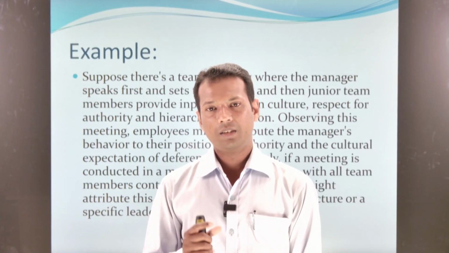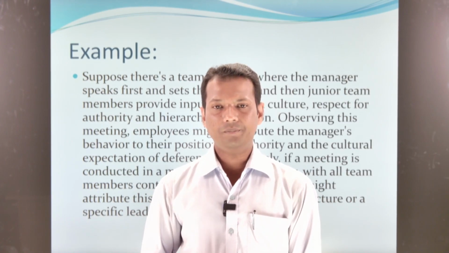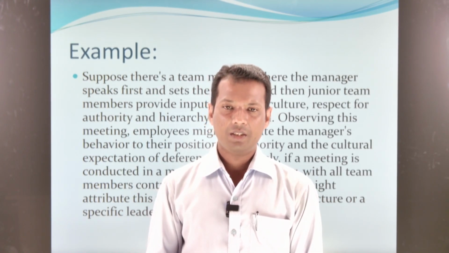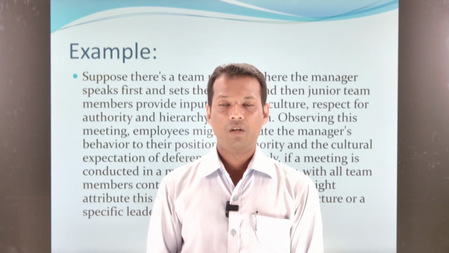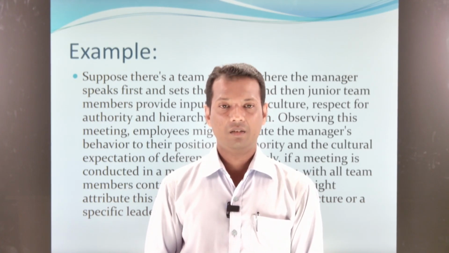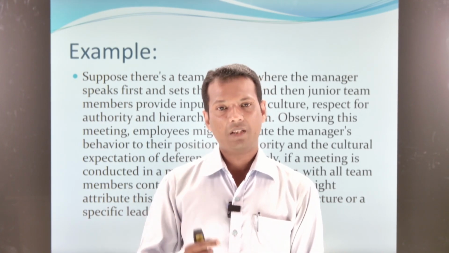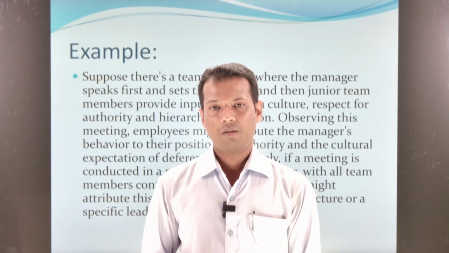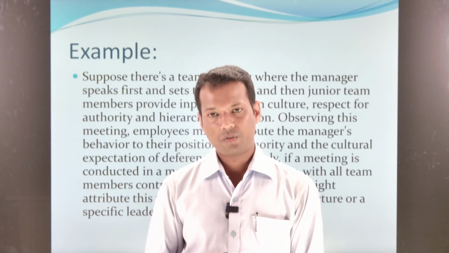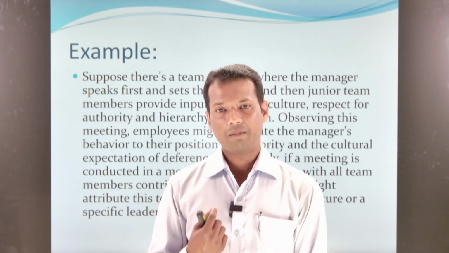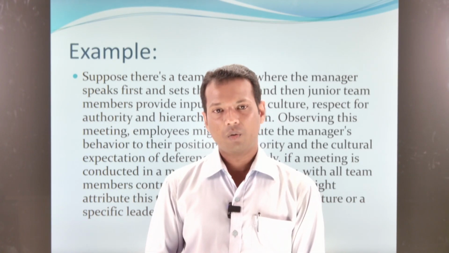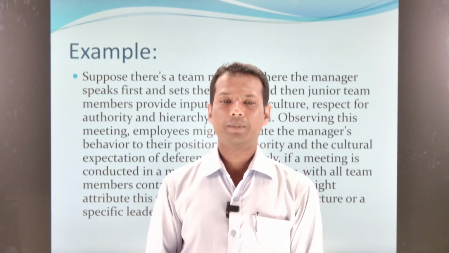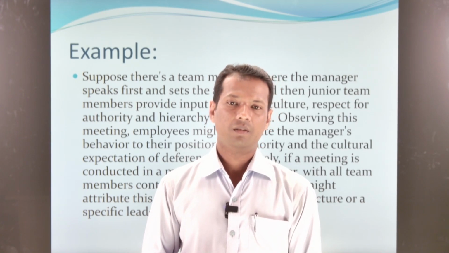During the meeting, the senior employees or the junior employees observe keenly the manager's behavior, whether that is in alignment with his authority, with his hierarchical position, and what kind of cultural expectations there are from the employees.